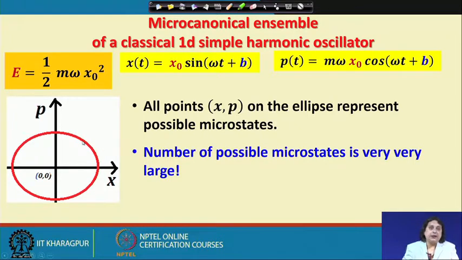So, that gives back this idea that we had, that associated with a given macro state, there is a very large number of microscopic states possible for a system, even if it is a simple system like a classical simple harmonic oscillator.